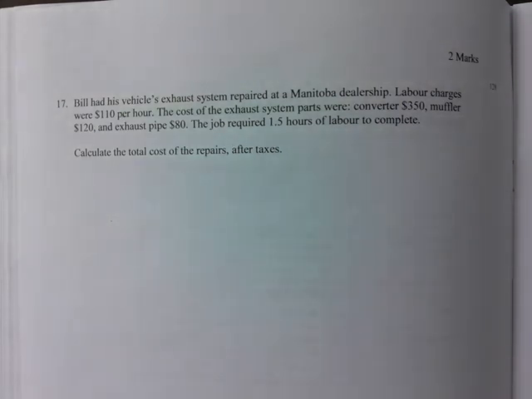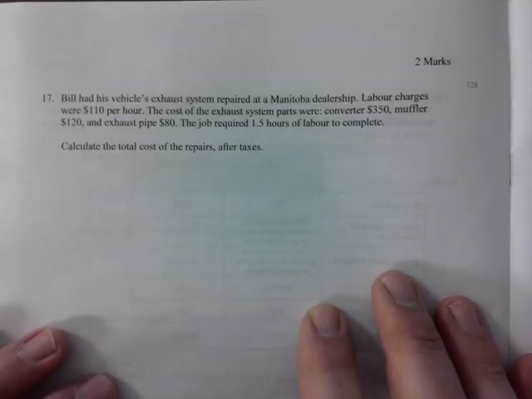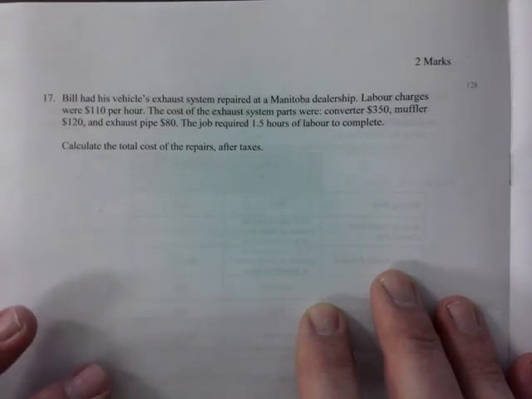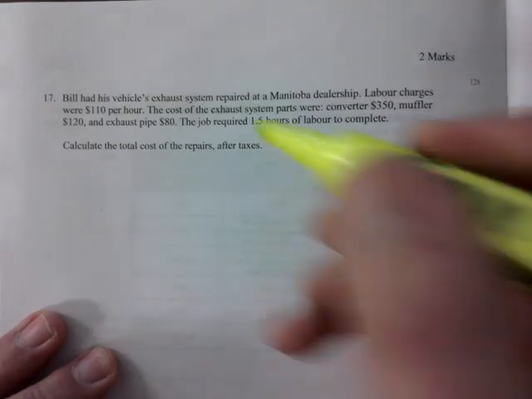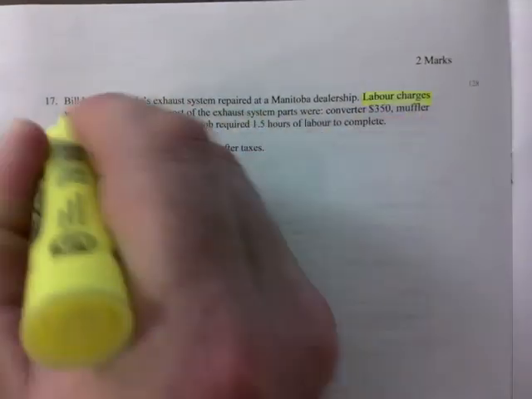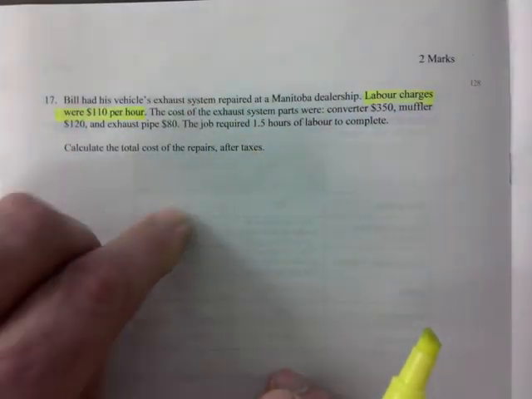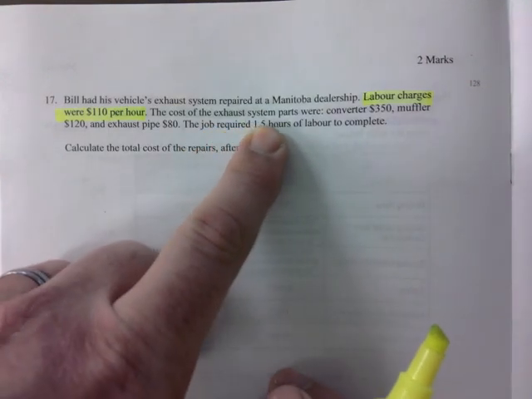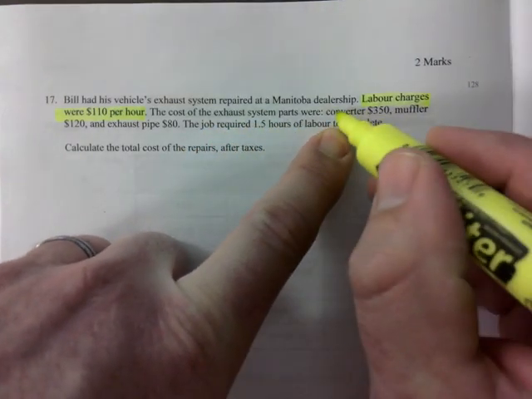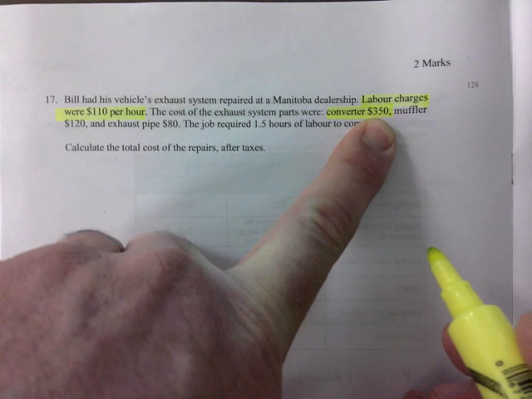Bill had the vehicle's exhaust system repaired at a Manitoba dealership. Labor charges were $110 per hour. Probably important. The cost of the exhaust system parts were $350 for the converter.